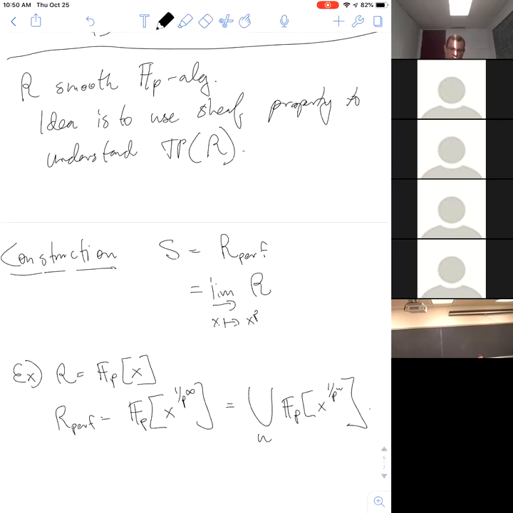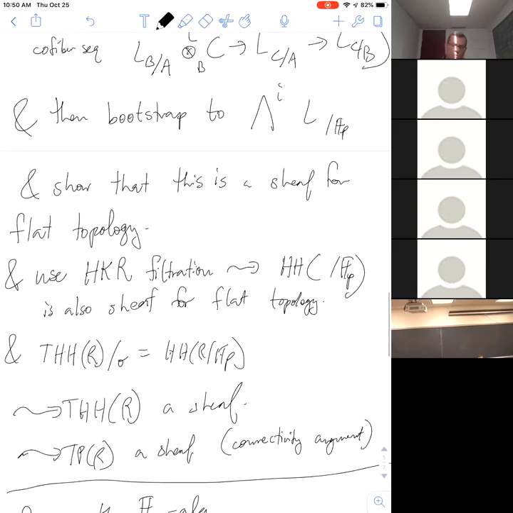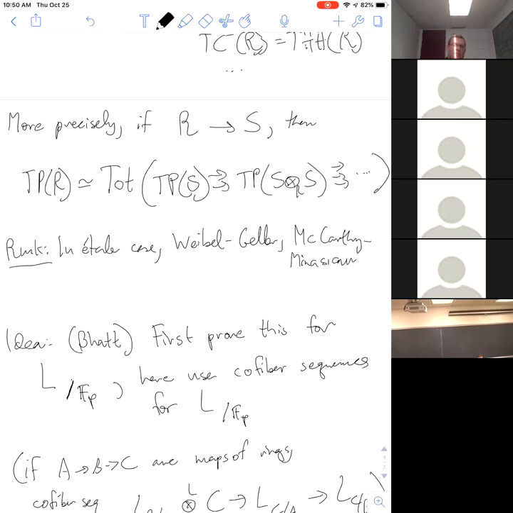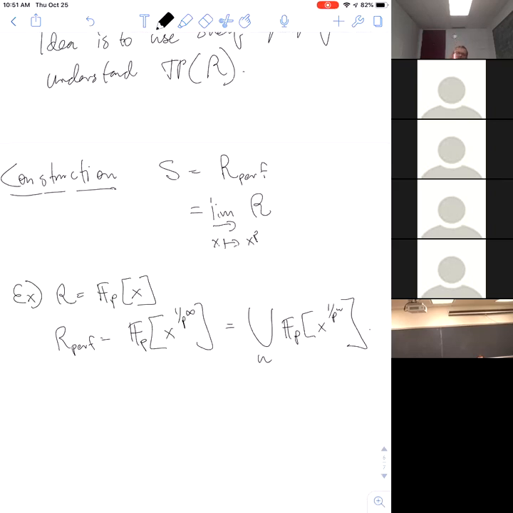So the idea is you want to understand TP of R. Well, you want to do it through a Čech-type construction. You want to do that by finding an S which is much bigger than R for which you can understand TP of S, and then using this sort of descent. So the strategy is that specifically you're going to take S to be the perfection of R, which is this colimit along Frobenius of R, and this is a construction which always produces a perfect ring.